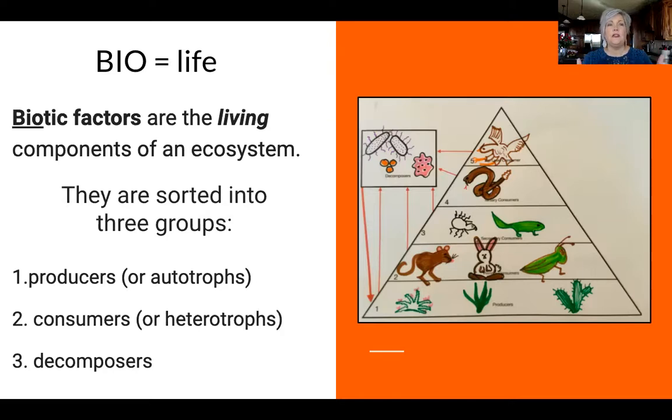If a tree dies and falls over and you've got a dead log in the middle of the forest, that's still a biotic factor because it was once living and it's part of this energy pyramid. As it decomposes, it gives energy to the decomposers, and then that goes back into the soil. So it's part of that energy cycle.